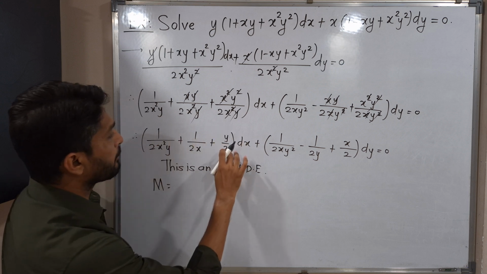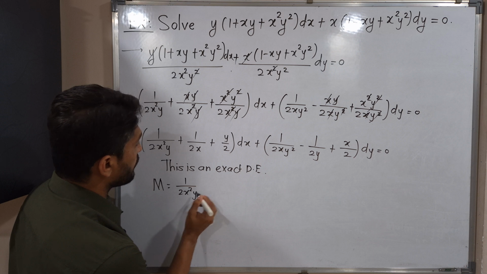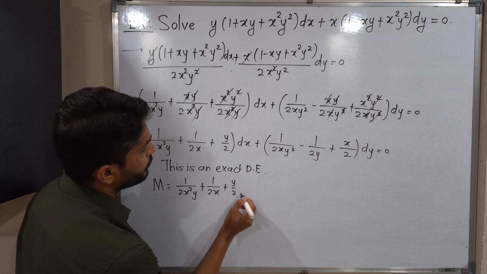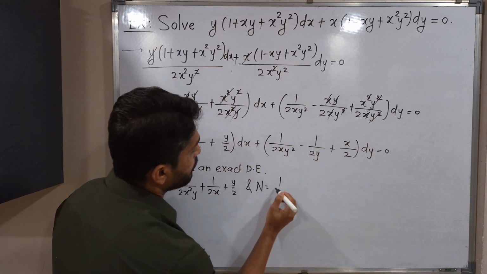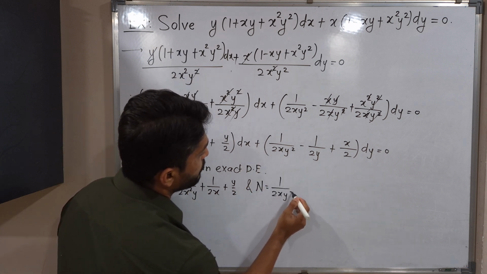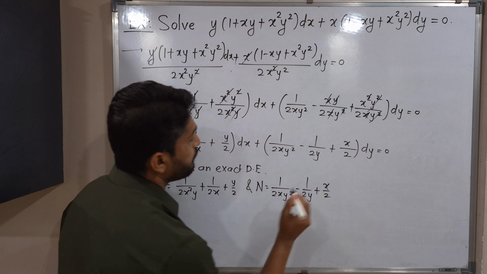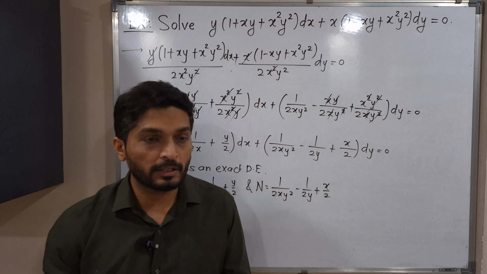So this is m, which is multiple of dx, 1 upon 2x square y plus 1 upon 2x plus y by 2. And what is our n? This multiple of dy is our n, 1 upon 2xy square minus 1 upon 2y plus x by 2. So finally we got that exact differential equation and m and n also.